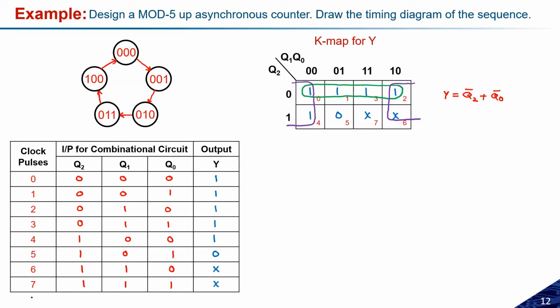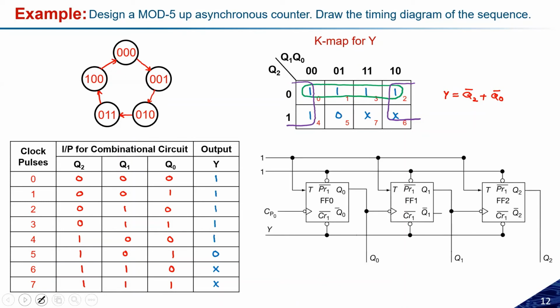Now let us design the circuit. Y should be connected to Q2 bar plus Q0 bar. So here this is Q2, here Q0, and here I have Q2.